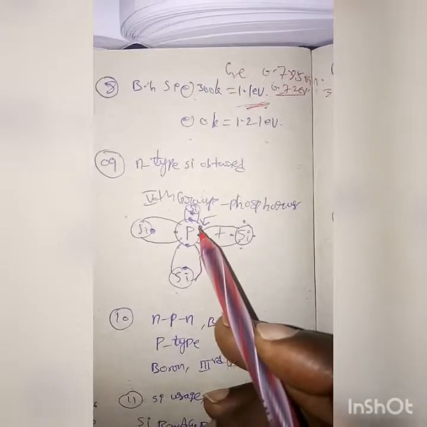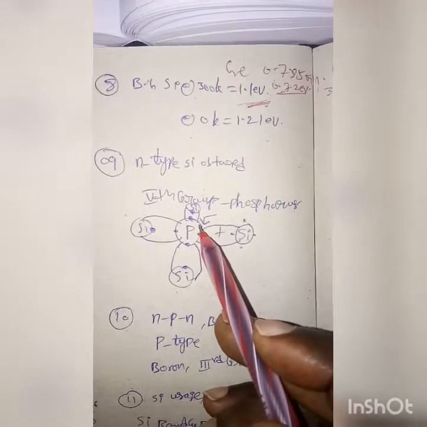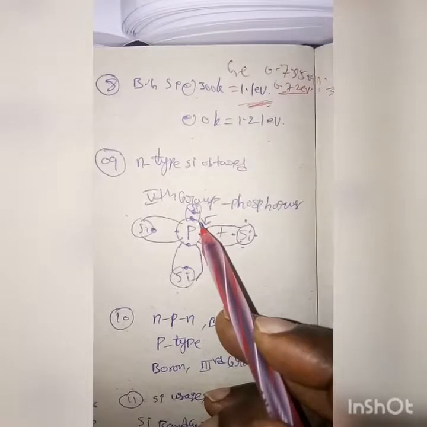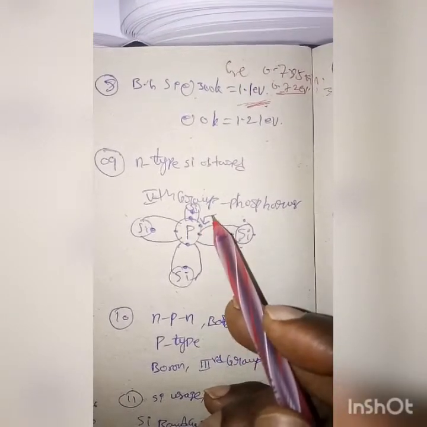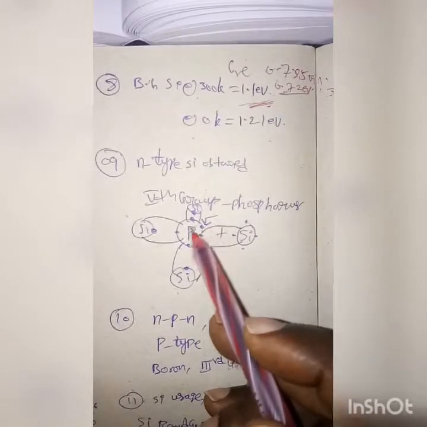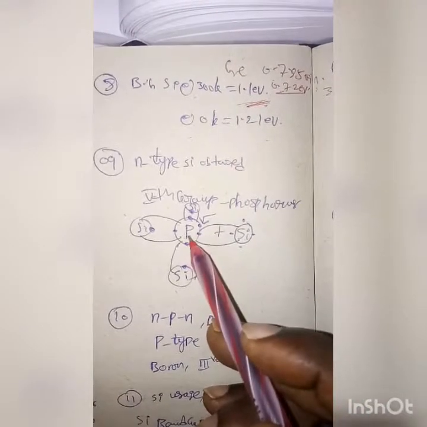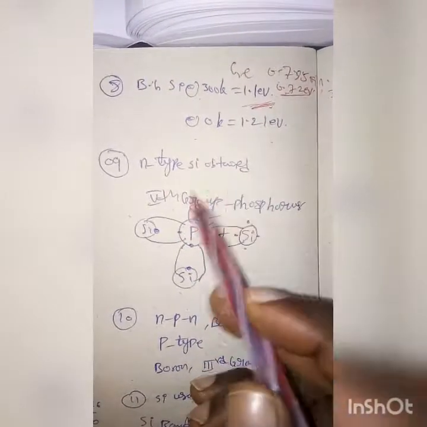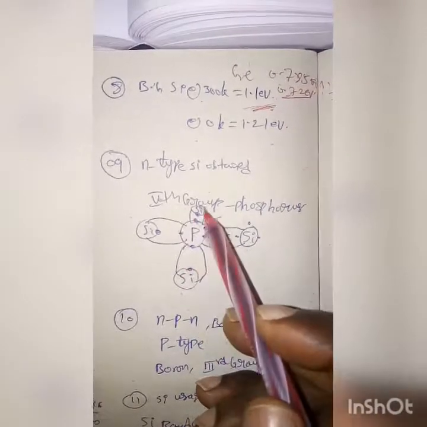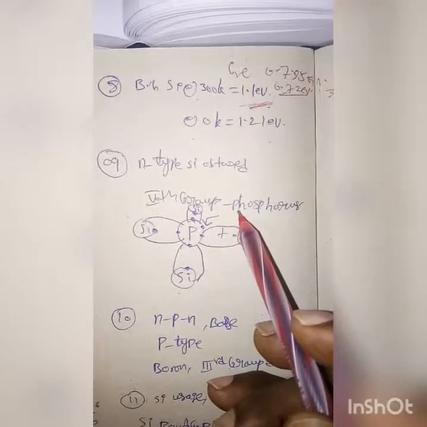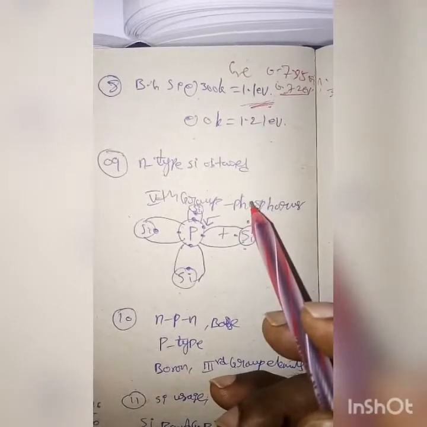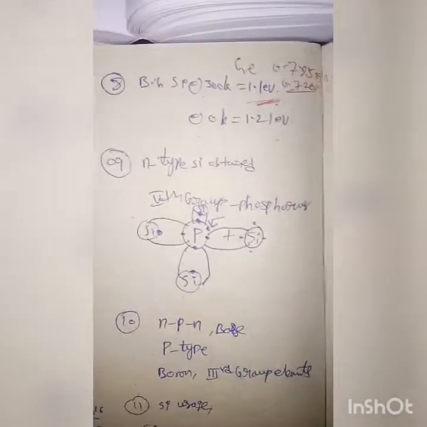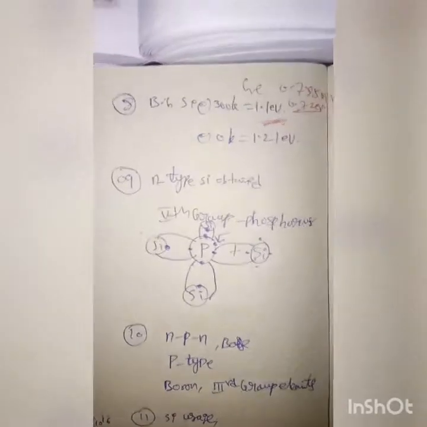This is the reason for conduction in the N-type semiconductor. So this is the free electron. N-type is obtained by doping fifth group elements, such as phosphorus.